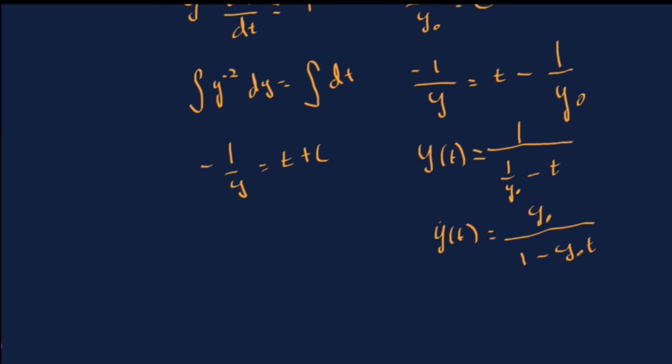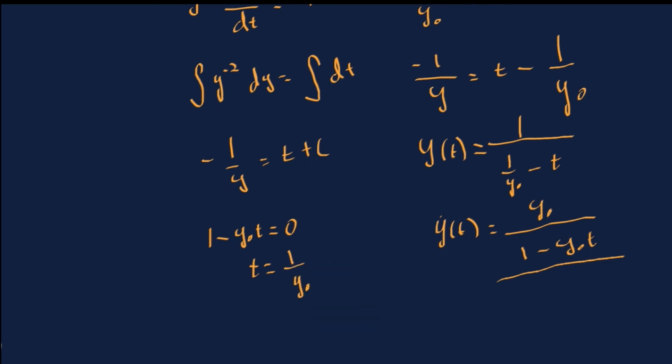So this is the solution to our problem, and the only thing that would make this function invalid is if the denominator is 0. So to figure out what the interval of validity is, we can set this term 1 minus y naught times t to 0 and then solve for t. And when we do that, we get t is equal to 1 over y naught.